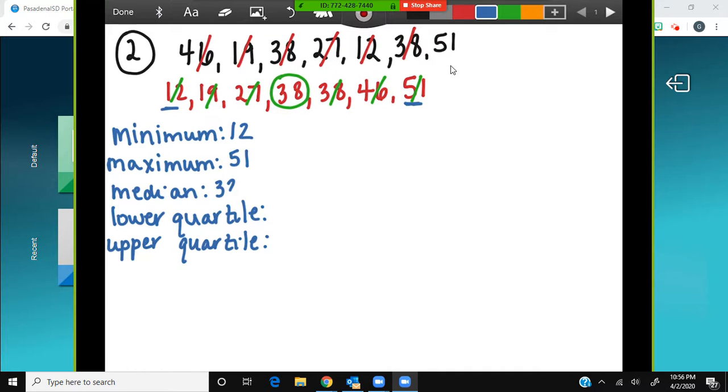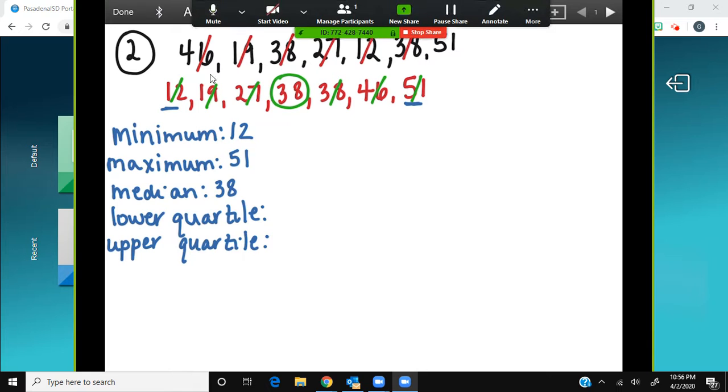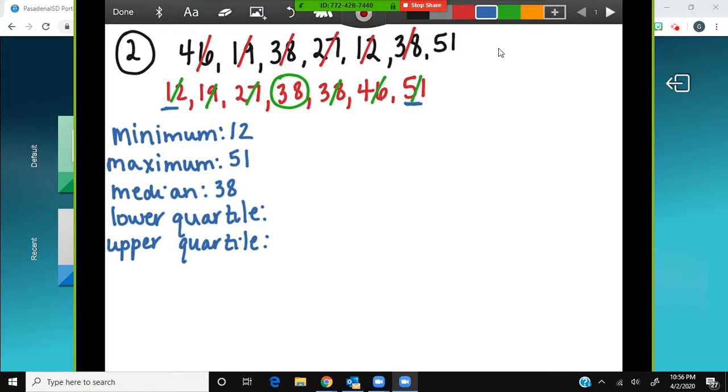Now the lower and the upper quartile are the tricky ones. After you find your median, that is when you can find the lower and the upper quartile. Basically with the lower and upper quartile you're splitting the data in half. Since I started with 7 numbers, I cannot split 7 in half, otherwise I would get 3.5.